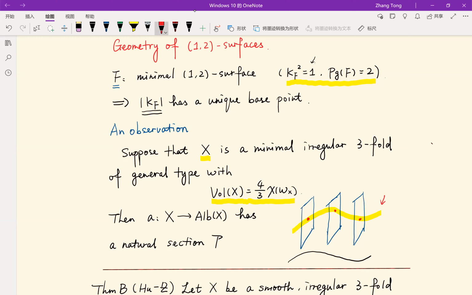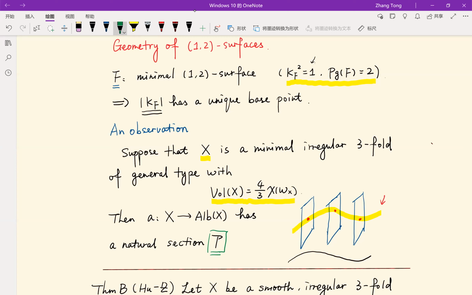So this is a threefold fibered over a curve, and using the special geometry of the fiber, we get a section of this fibration. I call this section gamma. This section helps us a lot in the classification problem.